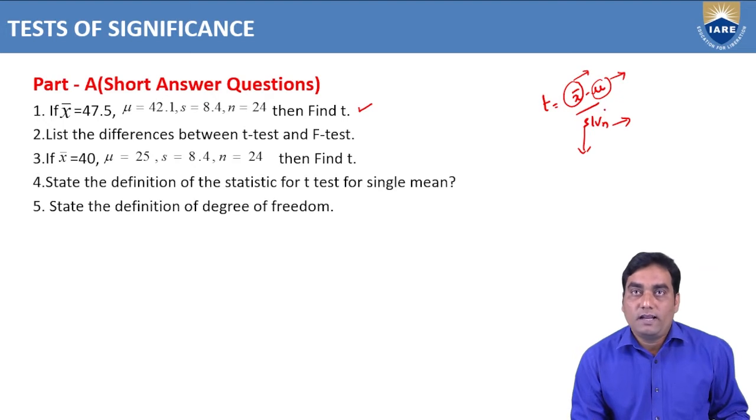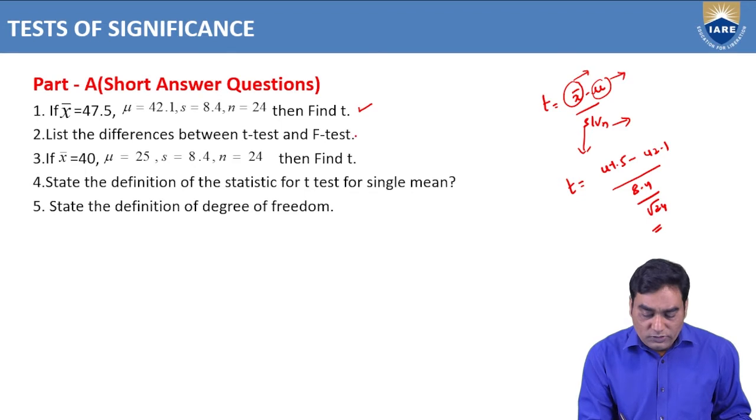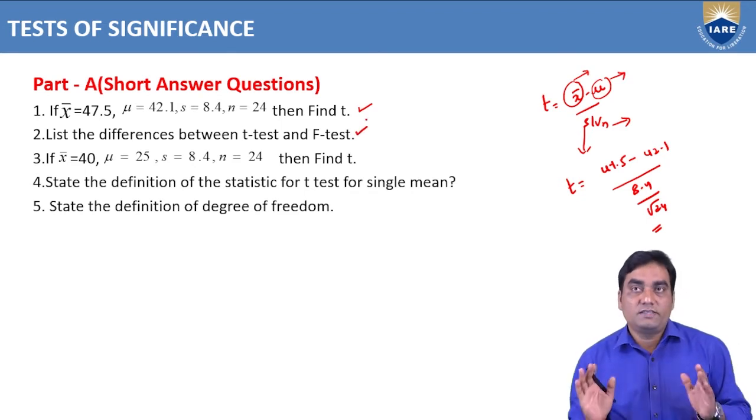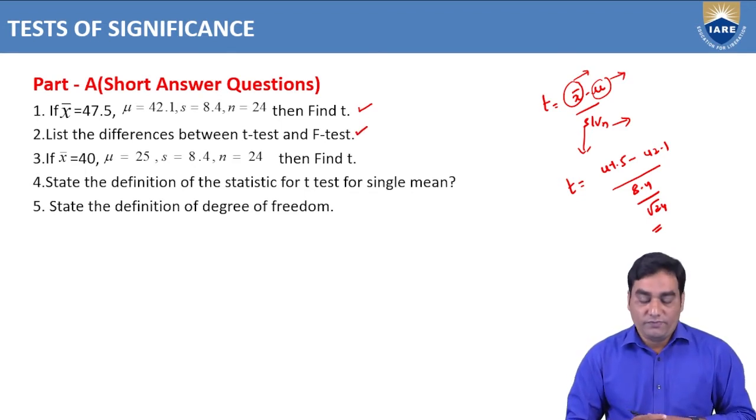If you know all these values, we can calculate the t value: x bar 47.5 minus mu 42.1 by s 8.4 by root 24. We get the t value. And coming to the second problem, list the differences between t-test and f-test.